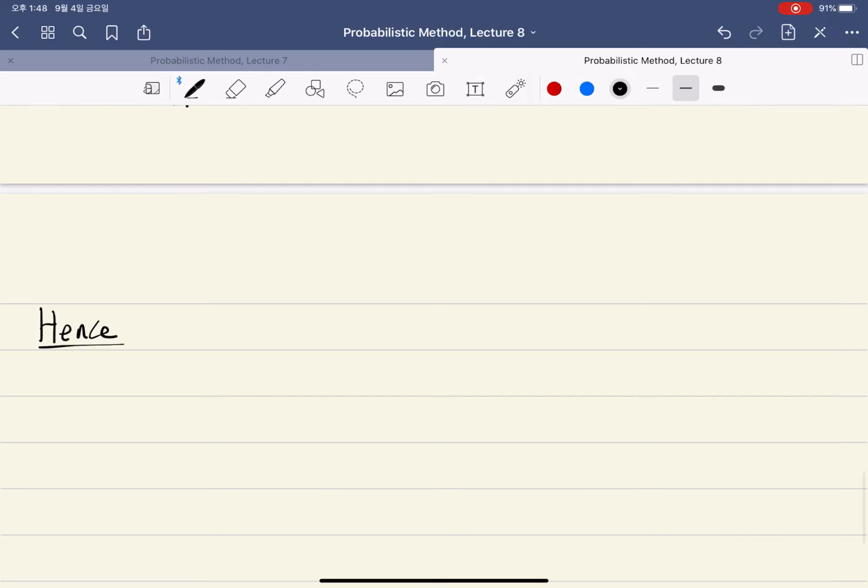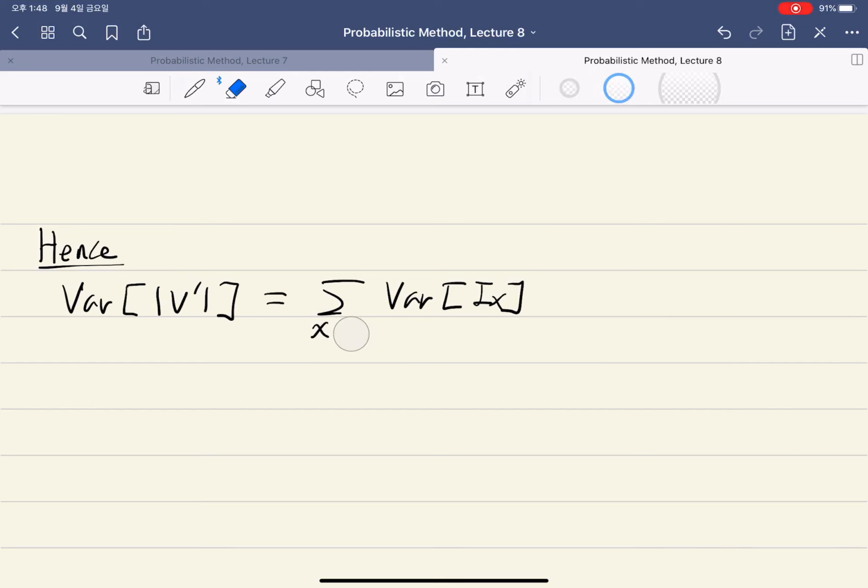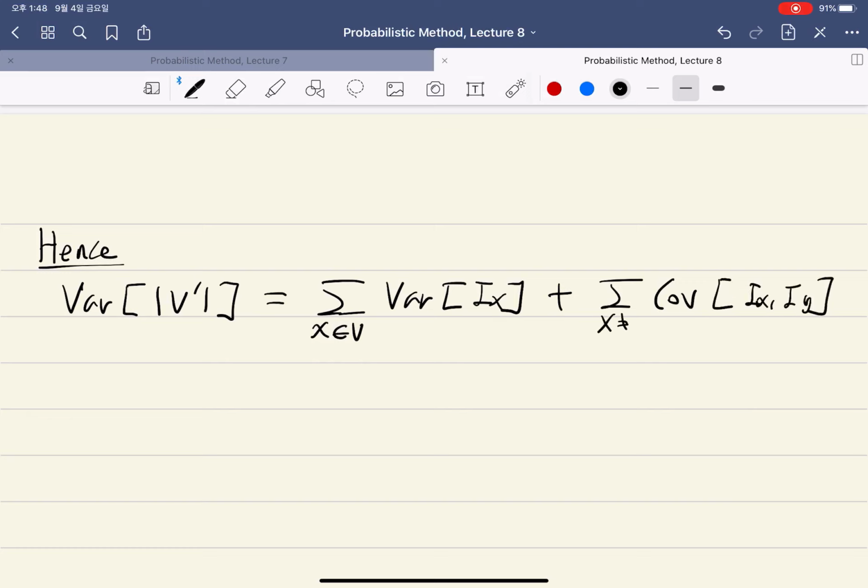Hence, now we know the covariance, so we can try to bound its variance. Again, you add all the variances of the indicator random variables, and then add the covariances. Each variance of an indicator random variable is p times 1 minus p, which is smaller than p.